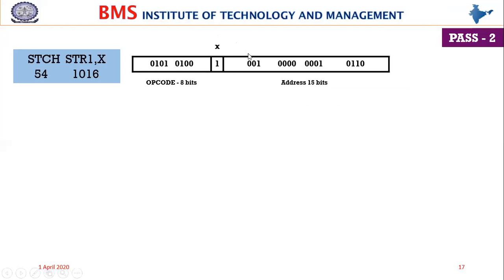This is 1, then 4 zeros, followed by 1, and followed by 6. Okay.